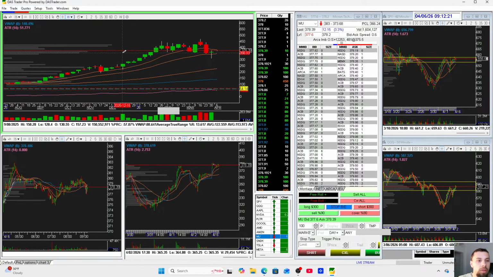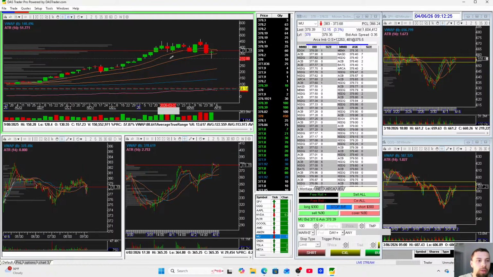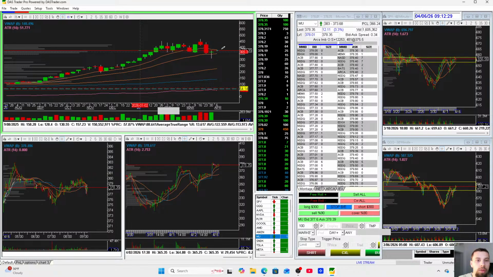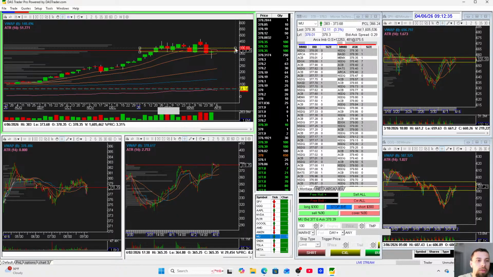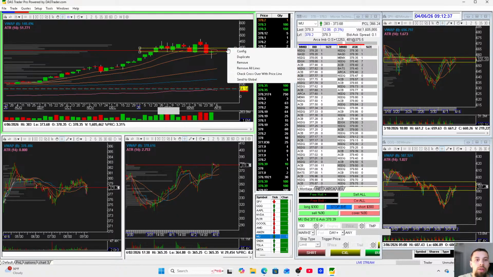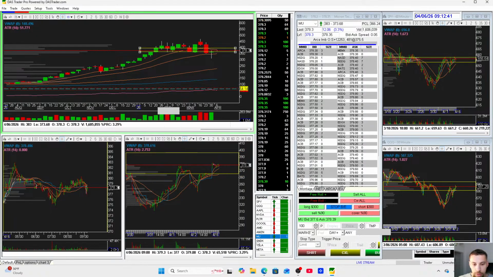Alright, MU, let's see. Area of support I'm drawing based off these two candles right here on the weekly 365. Seems to be pretty obvious area. Area of resistance being 398. So around $400.